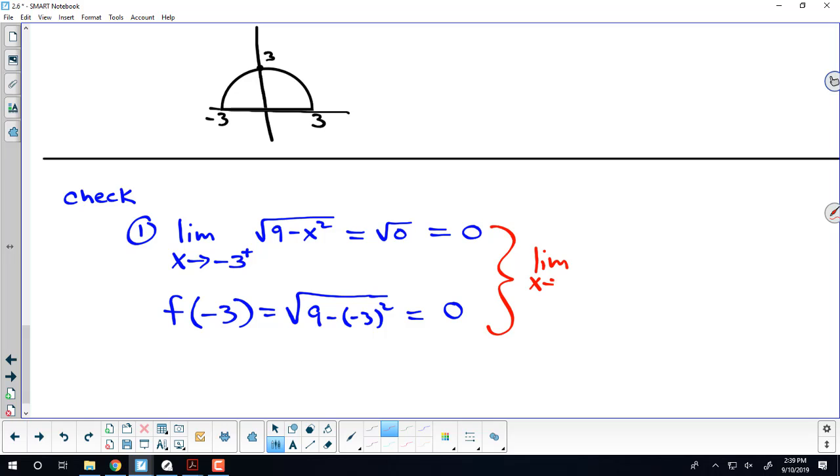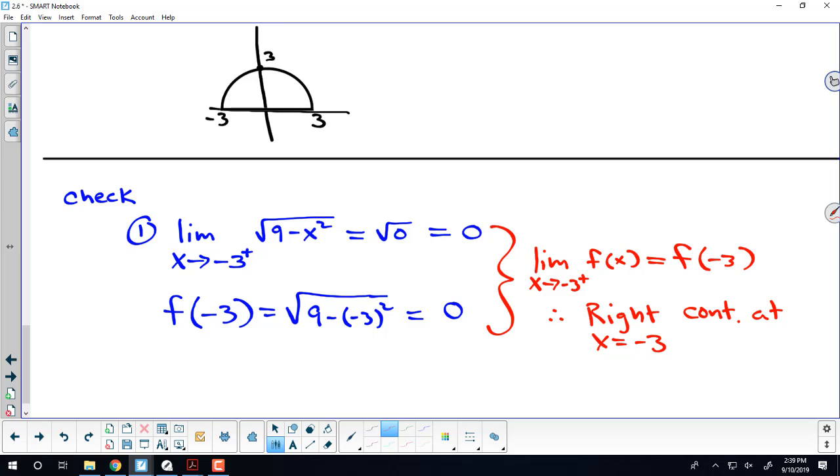So the limit as x approaches -3 from the right of the function equals the function at -3. Therefore, it is right continuous at -3. If it's right continuous at -3, what do we do with our interval?